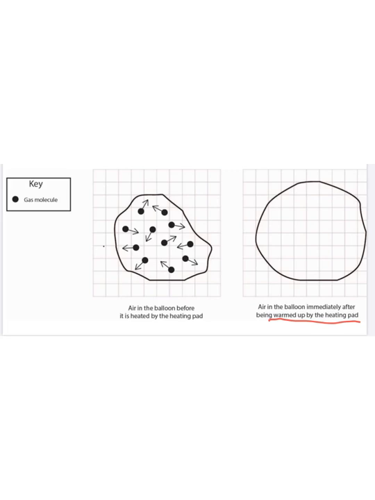So what did you see happening to the balloon? What happened to the balloon when you were watching it? So it was on the heating pad, and then what? So looks like it's inflating. Was there air going into it?